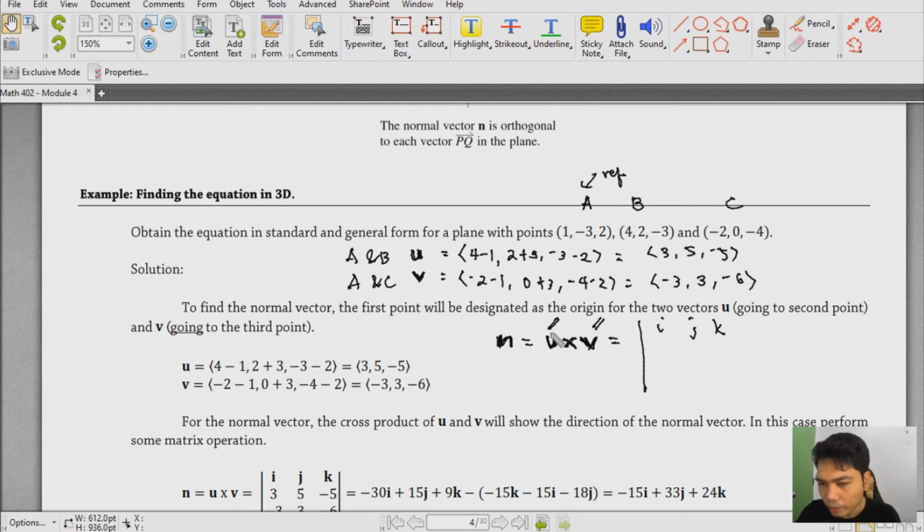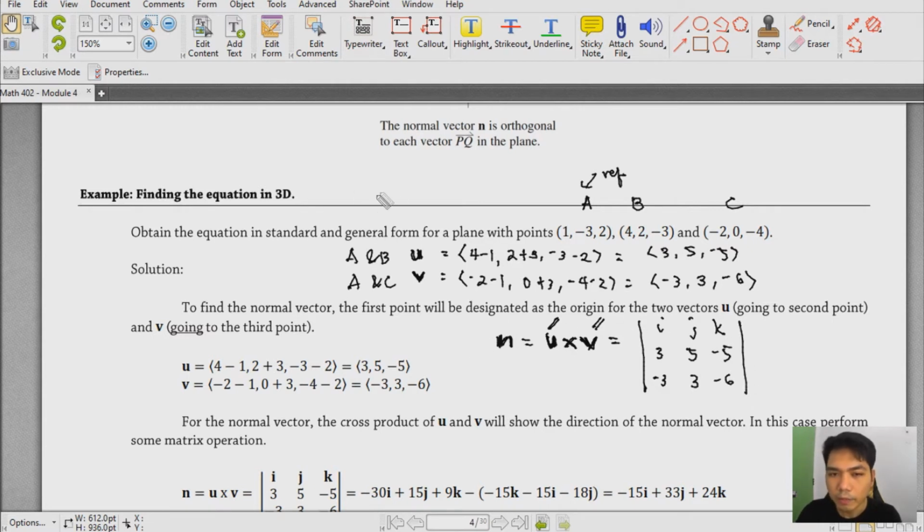Pag cross product, kung ano man yung nauna, yung row niya mismo yung unahin mo. Ang sinasabi nating row, ito yung mga elements ng kanyang matrix. So, you write 3, 5, negative 5, and then negative 3, 3, negative 6. Just determine the determinant of this expression.